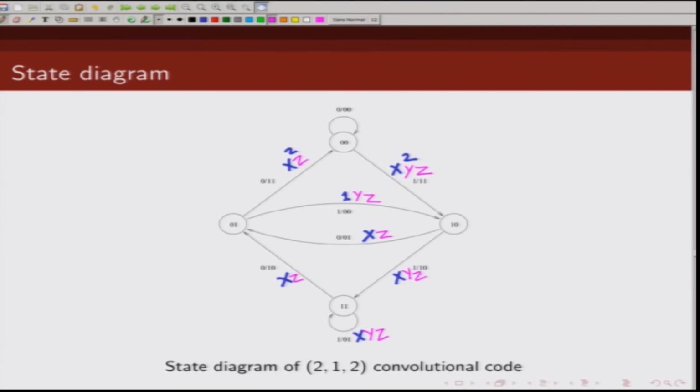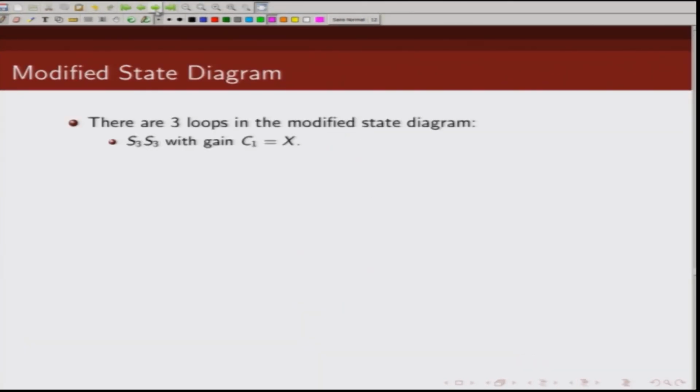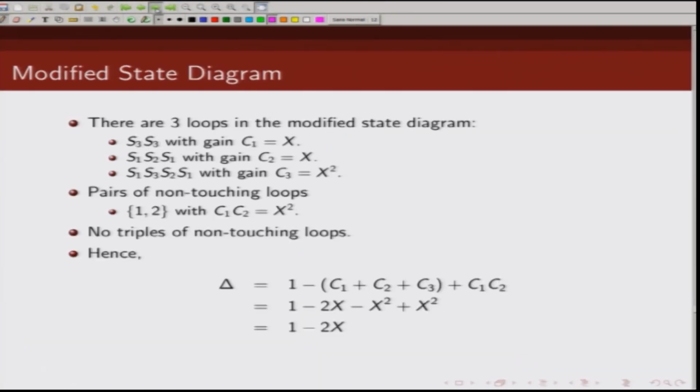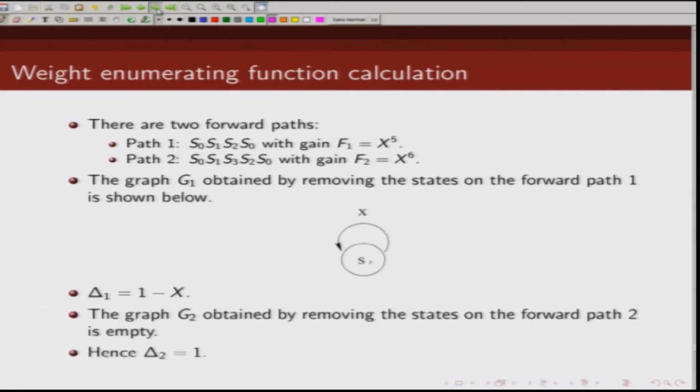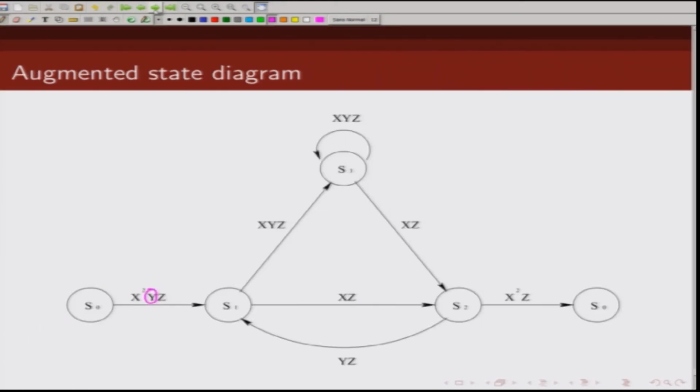Okay. So, that is your augmented state diagram, and that is what I mean, the completed augmented state diagram is what I am showing you here. This is basically my augmented state diagram, where I am not only specifying the coded weight, but I am also specifying what input causes that output bit and Z to denote the length.